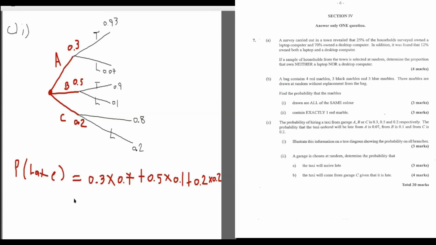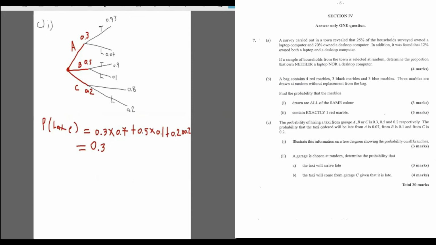So the probability of the taxi being late will be 0.3 times 0.7 plus 0.5 times 0.1 plus 0.2 times 0.2. That's 0.3. So that means there's a 30% chance the taxi will be late, no matter which one you choose.